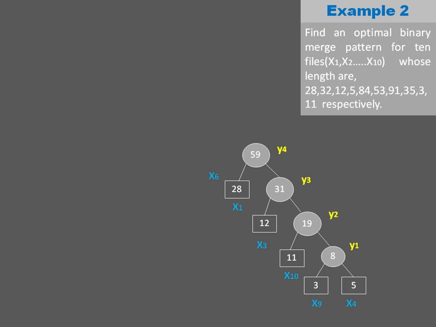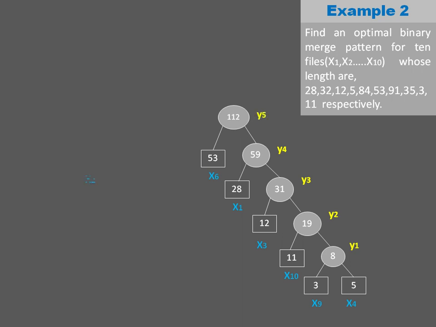Then this y4 is merged with x6. x6 contains 53 records. Now if we merge x6 with y4, the resulting file will contain 112 records. We write its name as y5.